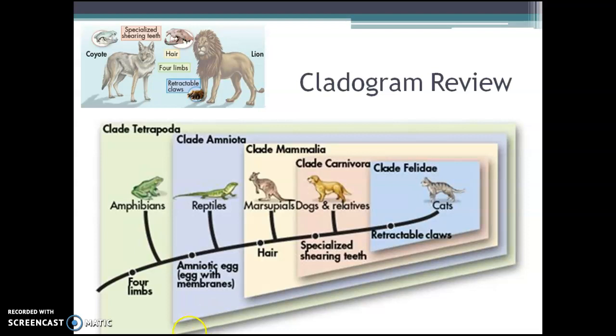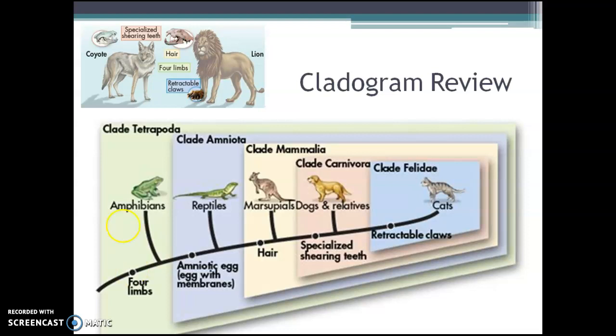So we start on the left side and work our way to the right. Evolutionarily, in history, 4 limbs. Remember how to read these cladograms. We find the character, and then everything after that node, after that spot, would include that characteristic. So 4 limbs: amphibians, reptiles, mammals, carnivores, cats. All of those have that.